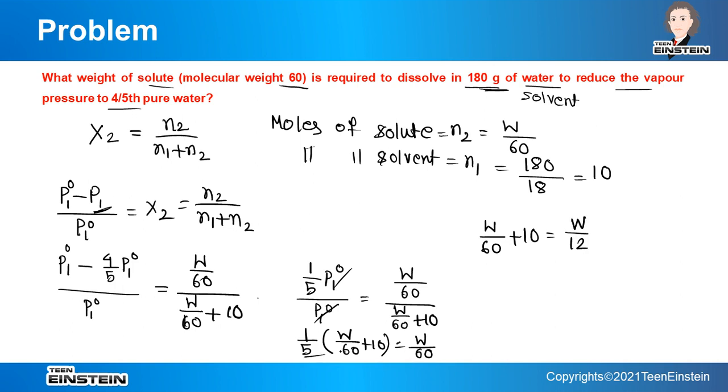That is, 5 we are taking to the right hand side. So 10 is equal to basically W by 12 minus W by 60. Okay, so this is actually 4W equal to 600, so W will be equal to 150.